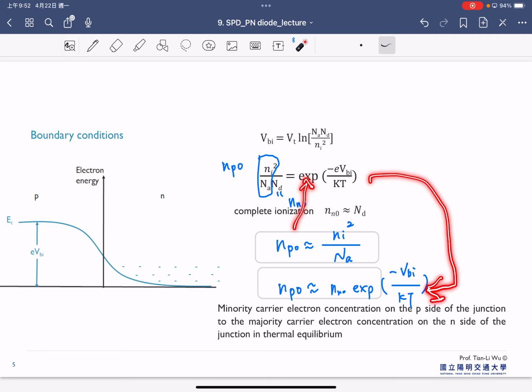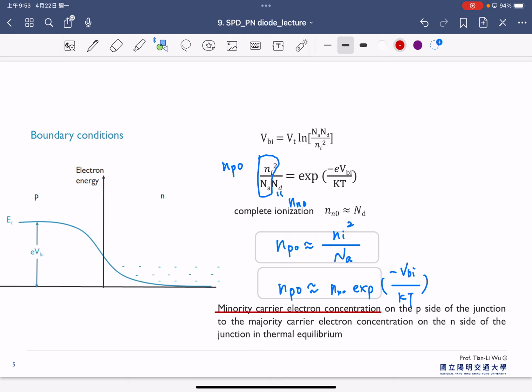So this term tells us the relation between the minority carrier electron concentration on the P side, which is this one, and the majority carrier concentration on the N side.